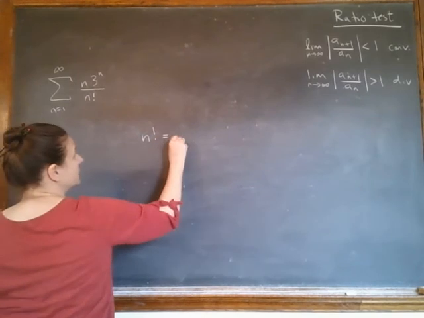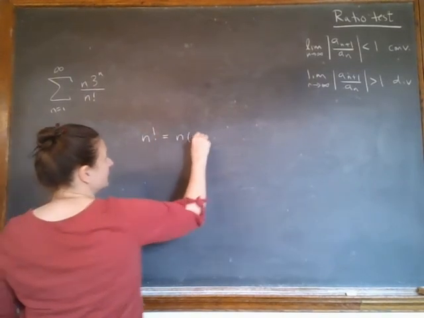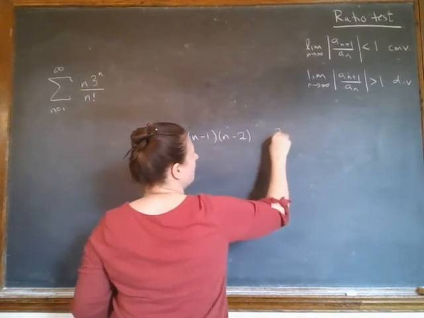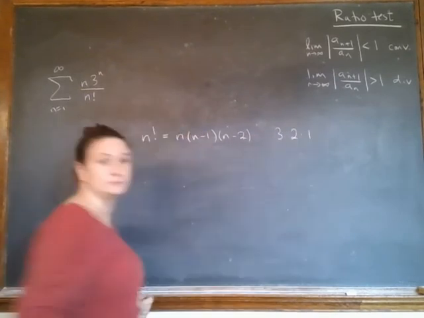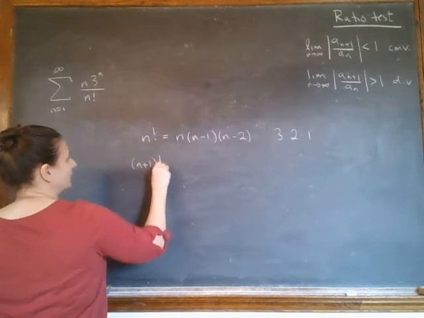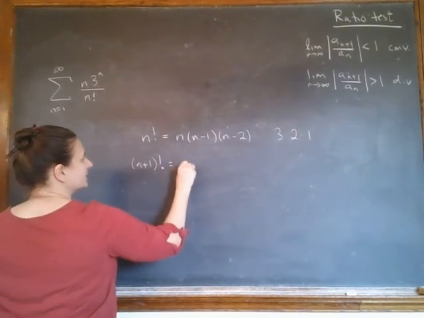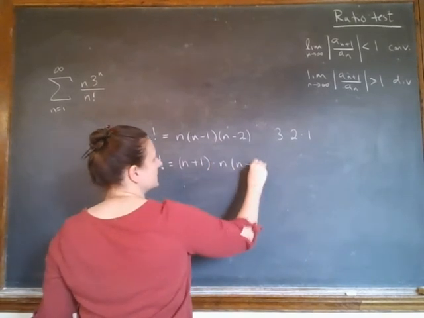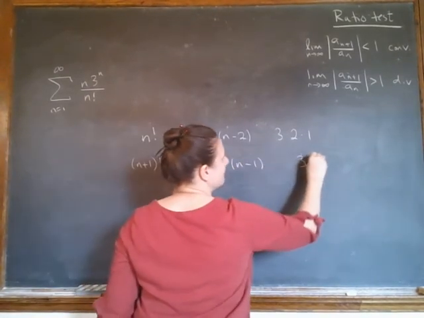n factorial means n times n minus 1 times n minus 2 all the way down to 3, 2, 1, right? So n plus 1 factorial is n plus 1 times n times n minus 1, etc., right?